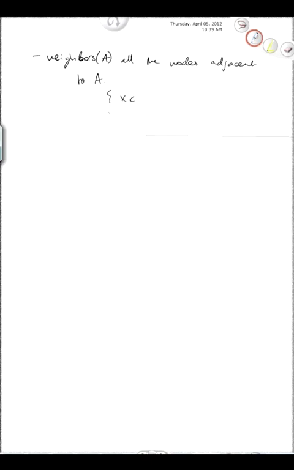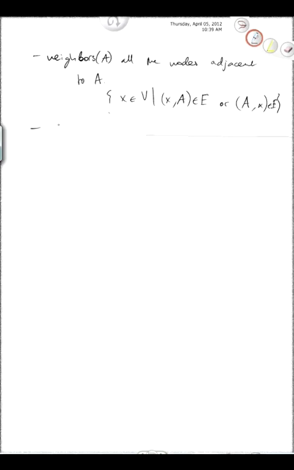Mathematically, it would be something like we're looking for nodes X such that XA is an edge or AX is an edge. So the neighbors of A is a set of nodes, and that's what we've written down mathematically over here.